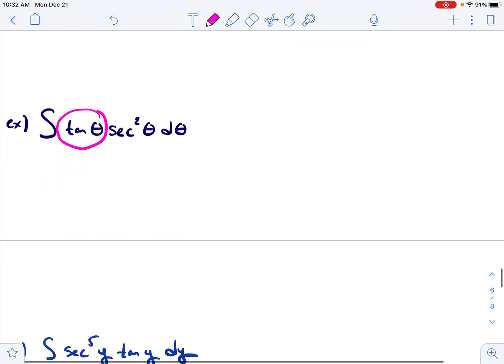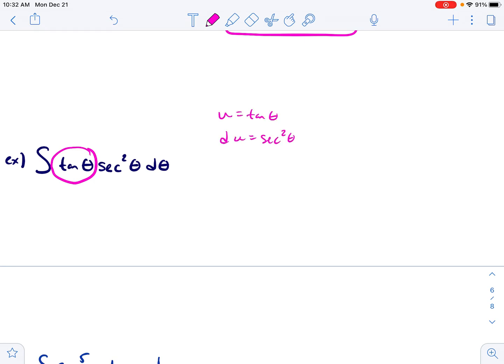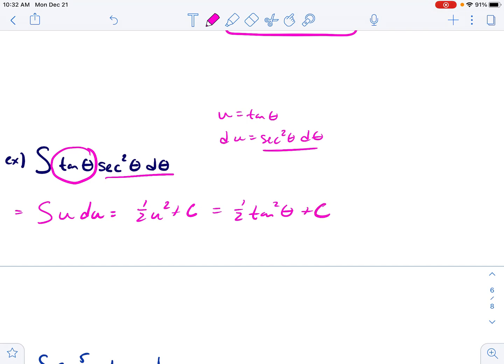But the better you know your trig derivatives, the easier u substitution with trigonometry is going to be. U equals tan theta. The derivative is still secant squared theta d theta, which is exactly what we've got here. It becomes the integral of u du, 1/2 u squared plus c, 1/2 tangent squared theta plus c.